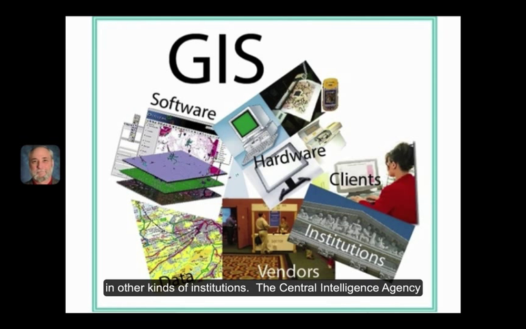The Central Intelligence Agency has their own use of geographic information systems, and they are, of course, quite secretive. Criminal justice types of operations require different symbol sets and different kinds of tools, so they have different needs. So each institution basically places different needs and different requirements on the software itself, not only on the software but on how it's going to be put together and what have you.